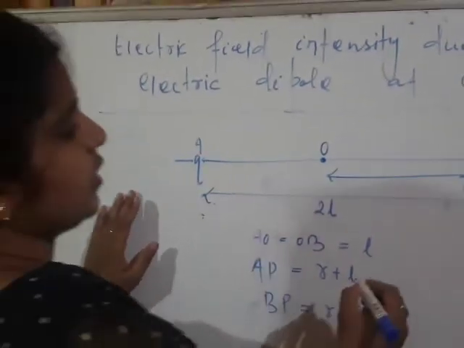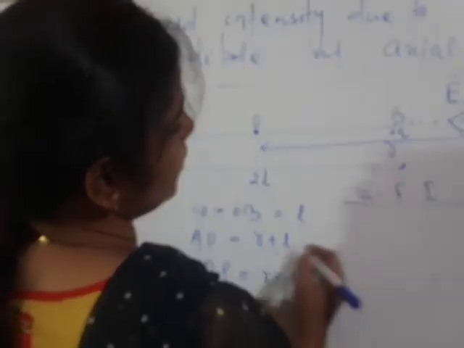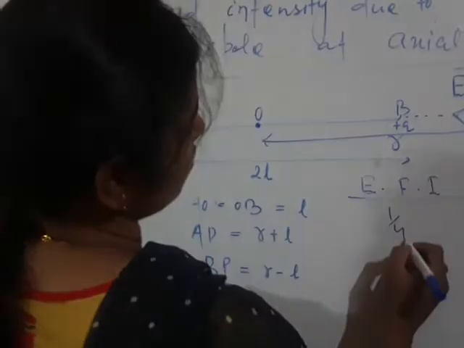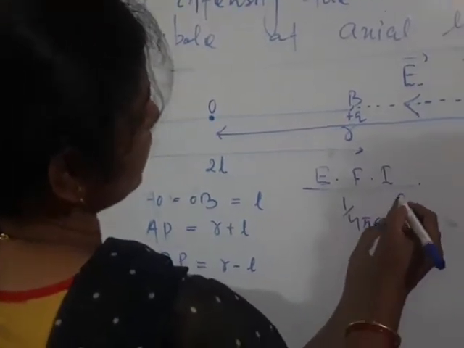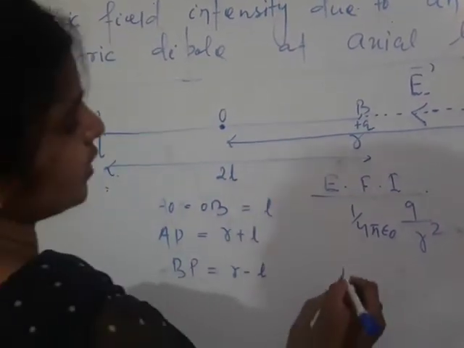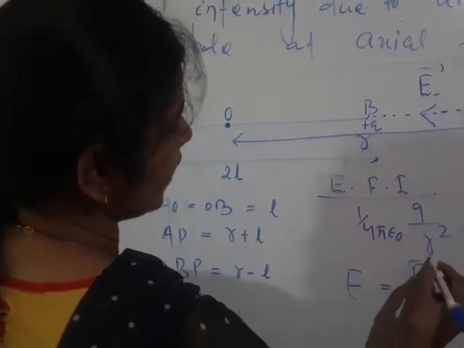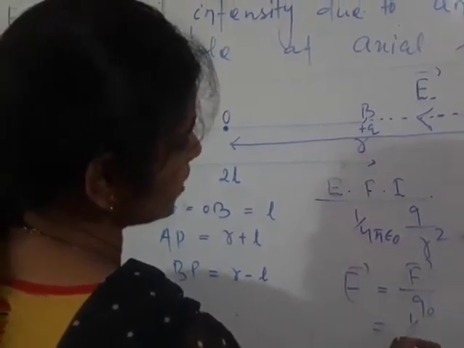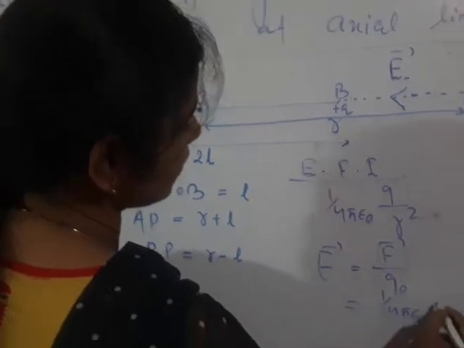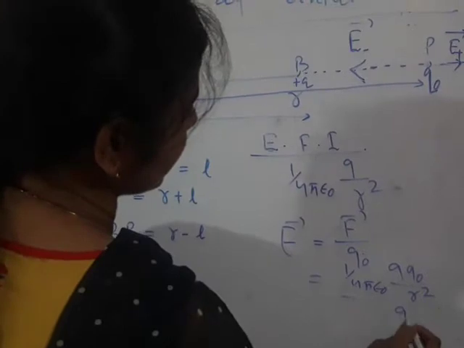Before that, the electric field intensity due to a point charge is 1 by 4 pi epsilon naught, q by r square. We have already known this, because electric field intensity by definition is F by q naught, and this F is 1 by 4 pi epsilon naught, q naught q divided by r square, divided by q naught.